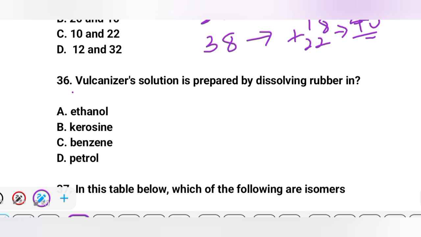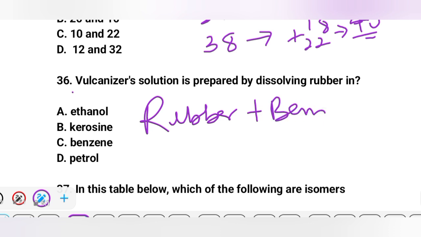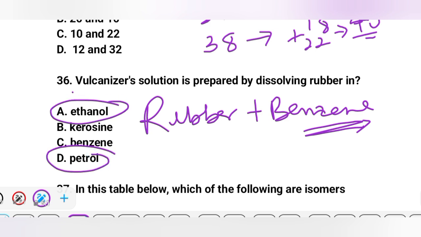And in that process, you dissolve the rubber in a very strong solvent, which is benzene. Rubber is dissolved in benzene. Petrol or ethanol or kerosene are not strong enough to dissolve rubber. So the strongest one there is benzene, which is an aromatic hydrocarbon. So the answer is benzene, option C.